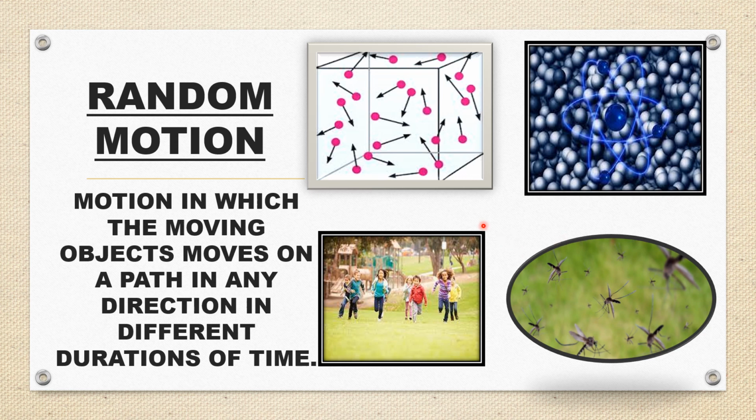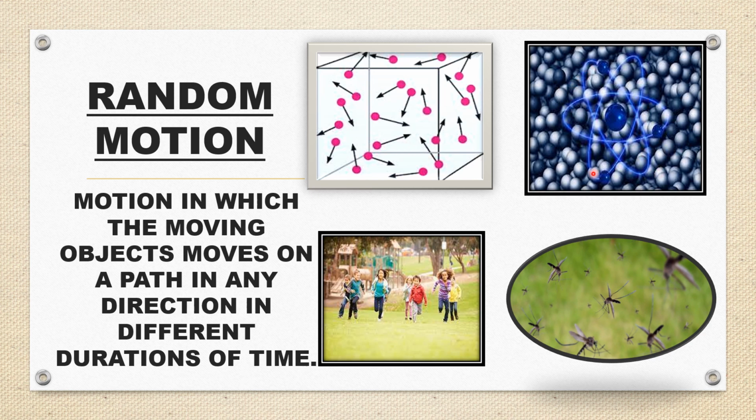Now the next slide says it's a random motion. What is a random motion? Random motion is in which the moving objects move on a path in any direction in different durations of time. Like when the particles are moving over here in this particular cube, they might be able to move very fast sometimes, they might be able to move very slowly sometimes.